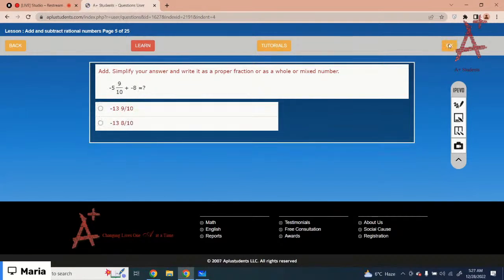Okay, negative 5 whole 9 by 10 plus negative 8. So which of the options is the correct one?